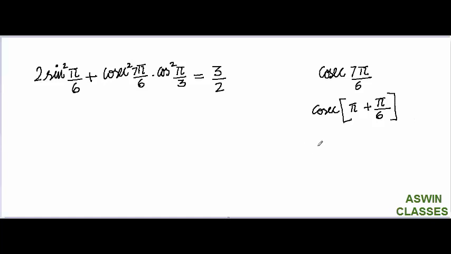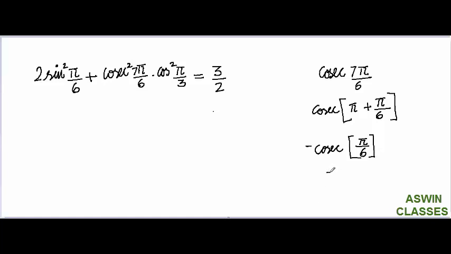This is in the third quadrant, and in the third quadrant both cosec and sine take negative values. So this is equal to minus cosec pi by 6.